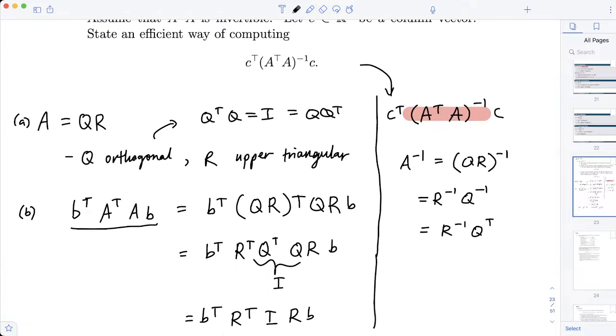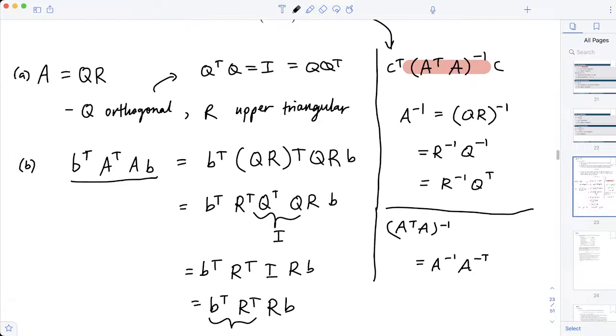Okay, and then let's figure out what A transpose A inverse might look like. Well, that's just going to be the inverse of A, and then the inverse transpose of A. And that's just going to be R inverse Q transpose. And then we want to find this as well, so we're going to transpose this guy over here.